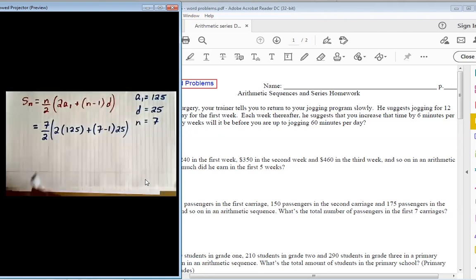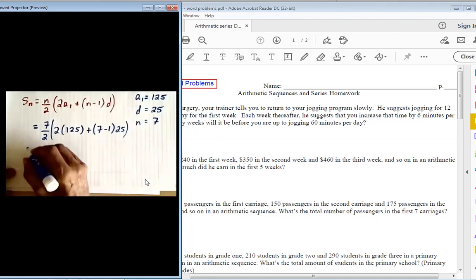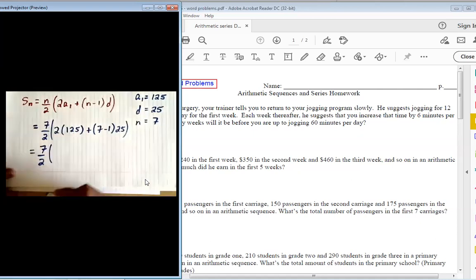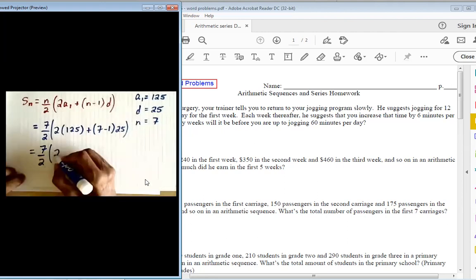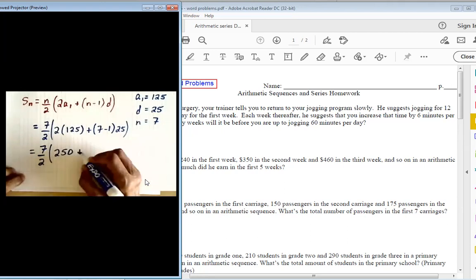But workable though. So let's do the algebra in order to work this out, the order of operations. So 2 times 125. 250 it is. 7 minus 1, 6. I got that for you guys.